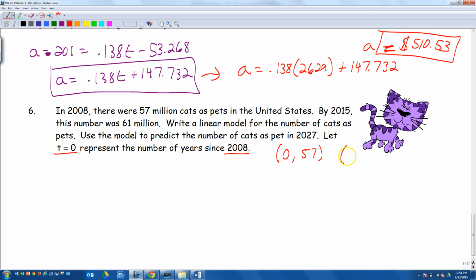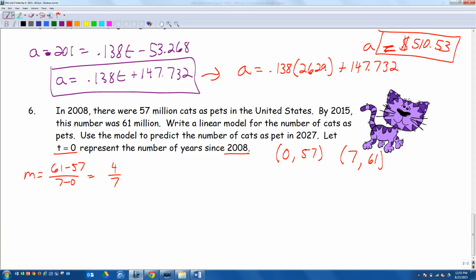And we know that 7 years later, so 2015 would be represented by 7, we have 61 million. So we can find the slope of that, and that would be just 4 over 7. And what that means is it goes up by 4 million cats every 7 years. Okay? Which makes sense because that's what it did for the first 7 years.